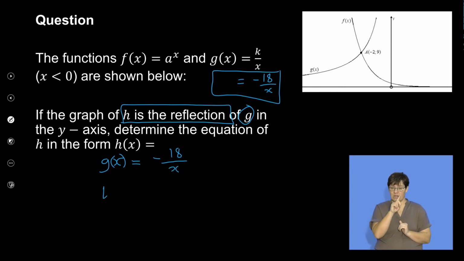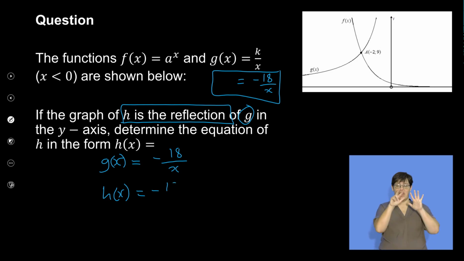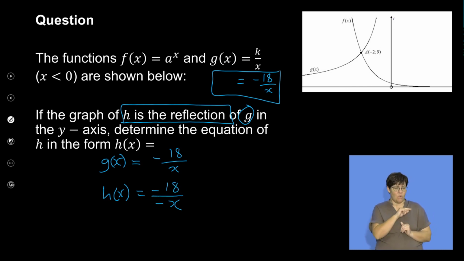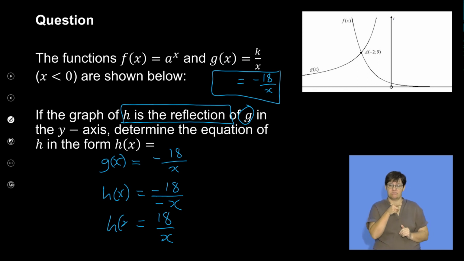It means that h of x will then be negative 18 over negative x, right? Because the x was positive, but now when we change the sign, it becomes negative, which will simply just be 18 over x, and that will be the h of x.